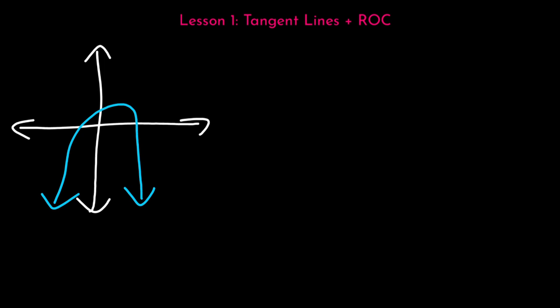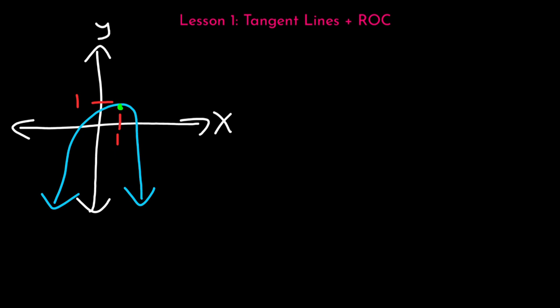So if I want to find, let's say, the instantaneous slope at x equals 1, right, that's a 1. If this is x equals 1, and let's say this is y equals 1, this is my x and y lines, okay? Now I want to find the tangent line at this little point.